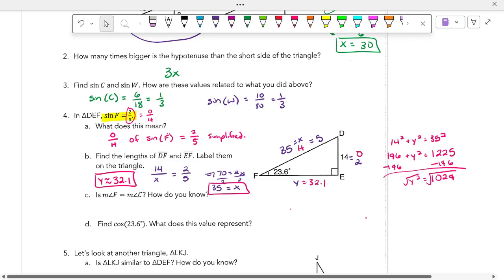Short side. We would have different ratios for sine. That's one major reason. So for example, we found sine of C to equal 1/3, whereas the sine of F was equal to what when we simplified? 2/5.